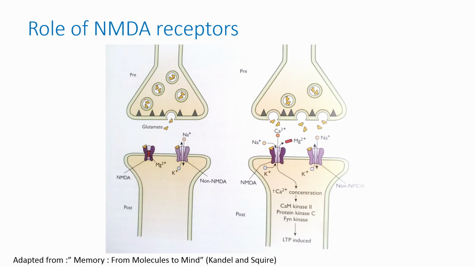These round entities shown here are vesicles that contain neurotransmitters. We have seen a neurotransmitter before, dopamine is one of them, but that is not the only one. There are many such neurotransmitters present in the brain, and one of the prominent ones is glutamate.